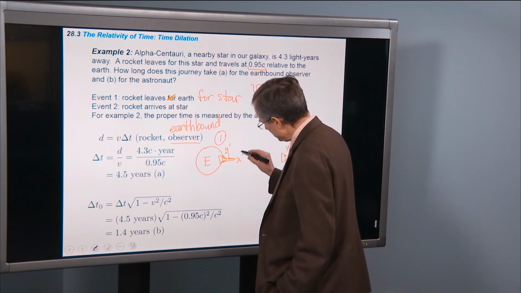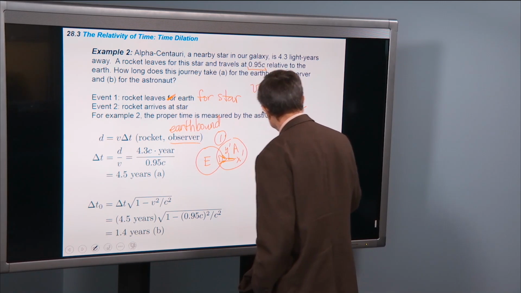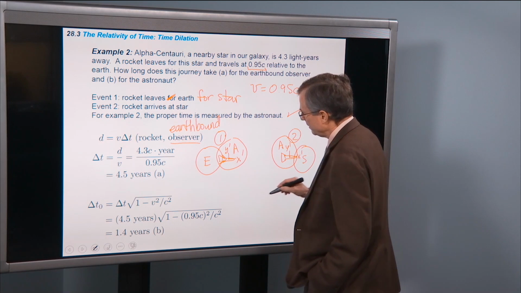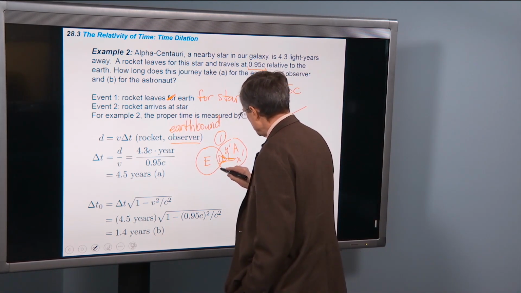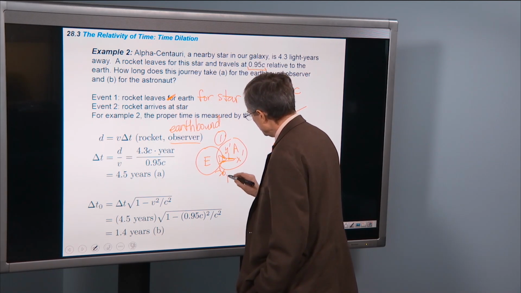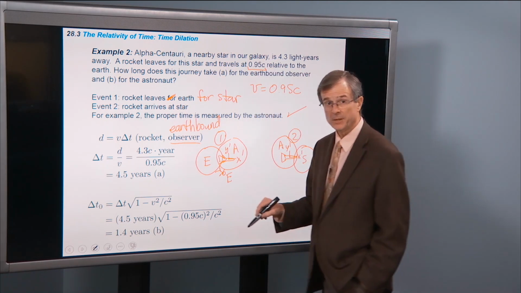So this coordinate system, this reference frame here, was for the astronaut. But now we're interested in the coordinate system for the Earth-bound observer. Here's your Earth-bound observer. He's staying here. He's going to be there the whole time.